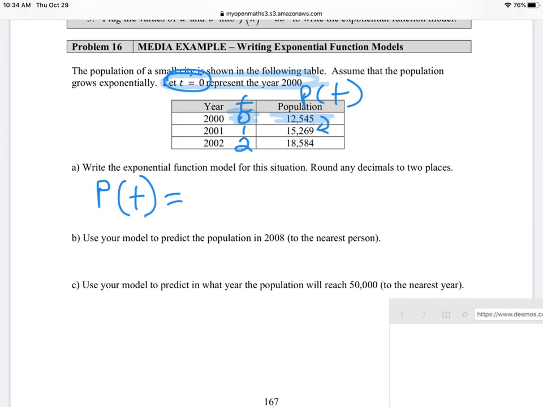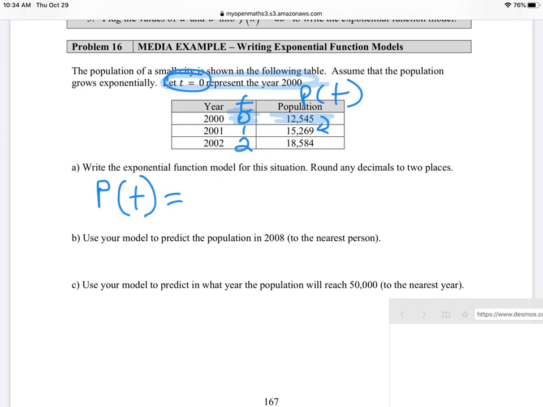But if we're predicting the population in a particular year, we know that t is the thing that represented years. And so I'm going to have to sub something in for t to solve this. So I'm going to take my function, p of t equals 12,545 times 1.22, but instead of t, I'm going to put a number.